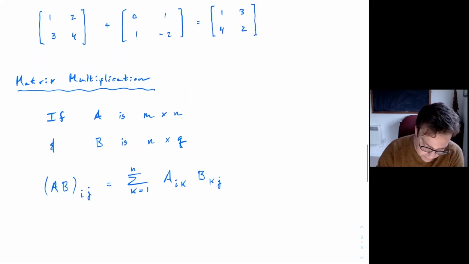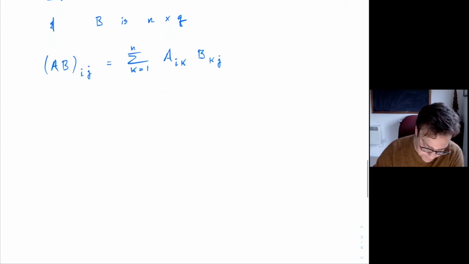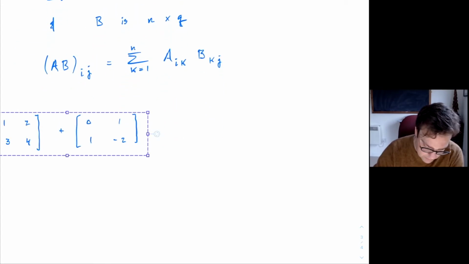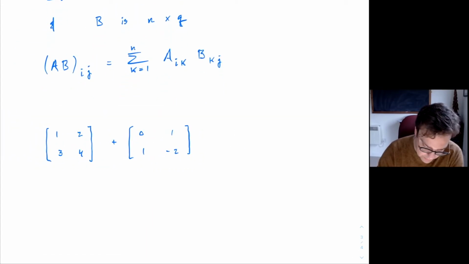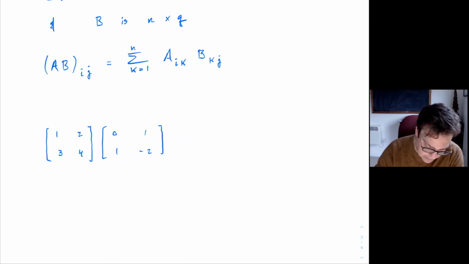So I'm going to copy them, and I'm going to rearrange them so that it looks like multiplication.